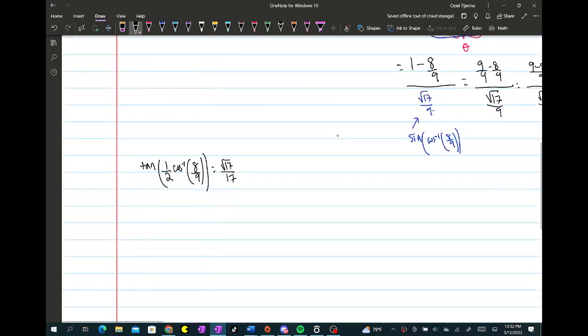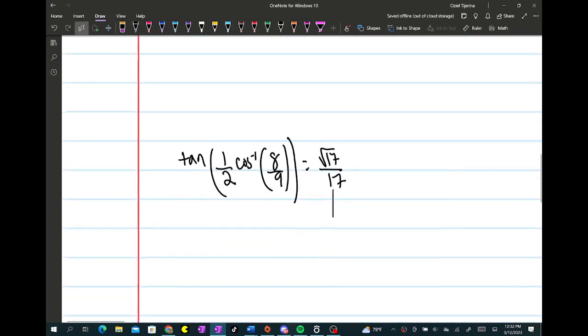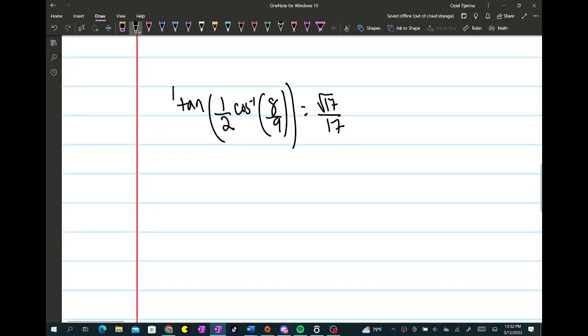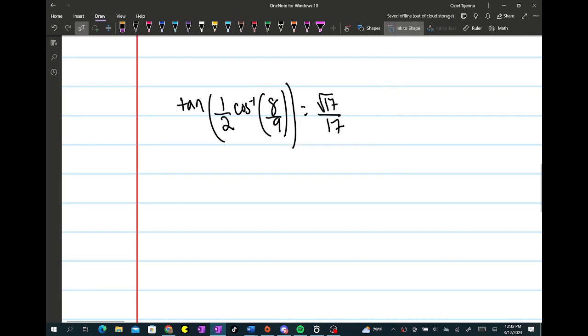But we ended up figuring it out. So the answer to this trigonometric expression is the square root of 17 over 17, right? That is the final answer to this problem, guys.